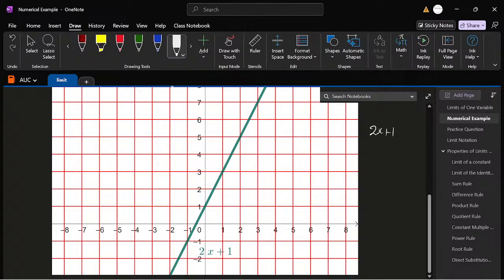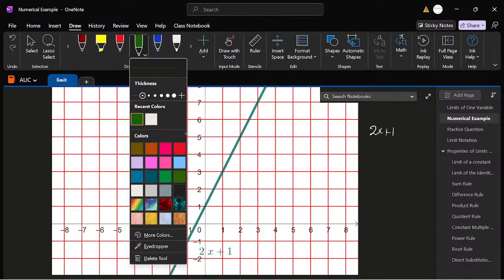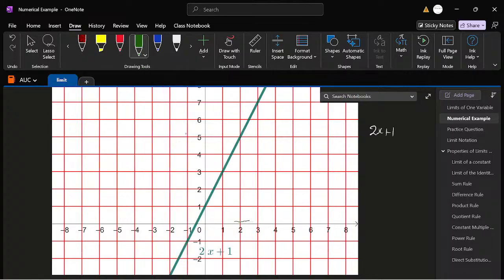If you look at the x-axis, as x approaches 3, you see that the limit is 7. That's the y value. And equally, if you check it from the right hand side here, as x approaches 3, the limit is also 7.